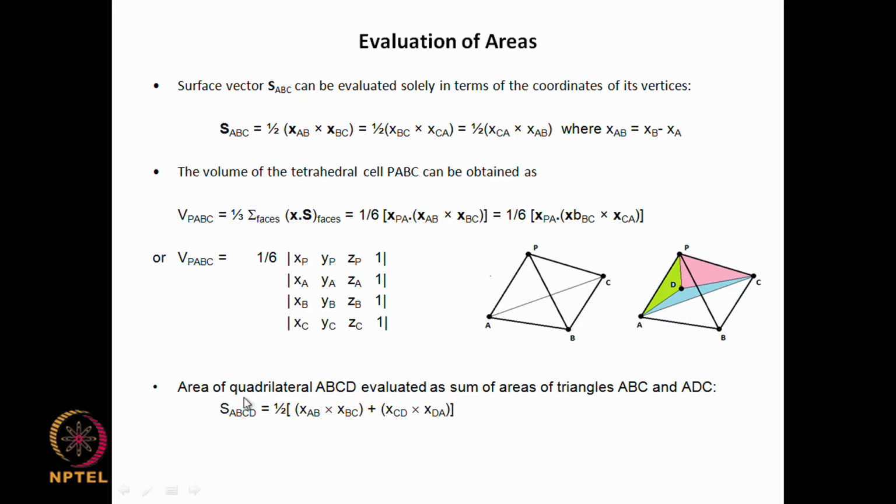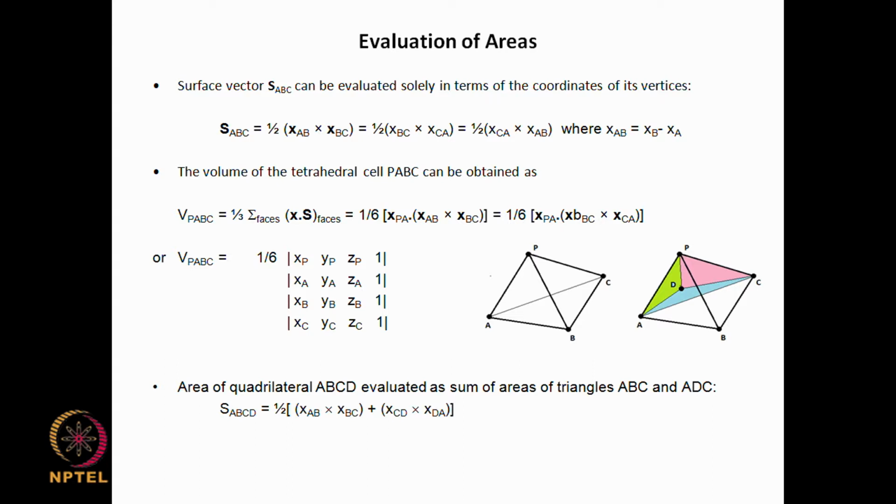Similarly, if you have a quadrilateral as a face, then it can also be evaluated in terms of xAB cross xBC plus xCD cross xDA. If you know the coordinate positions x, y, z of the four corners, then if it is a triangle you can make use of this, if it is a quadrilateral you can make use of this, if it is a volume you can make use of this, and you can evaluate all these things from the vertices only.